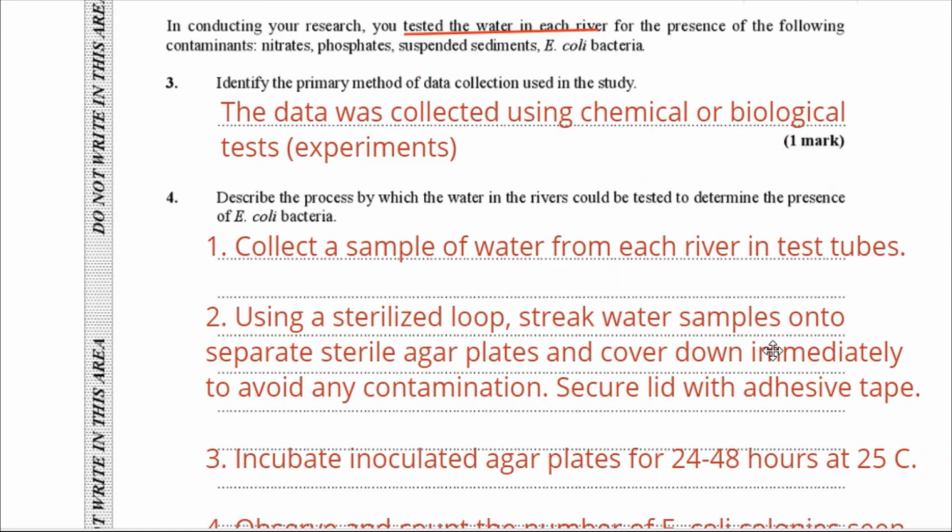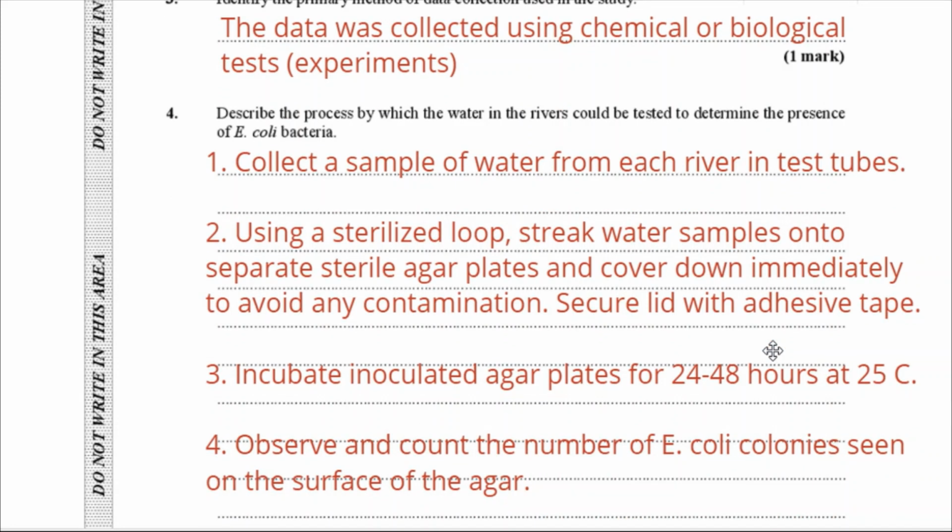So the next step now will be to incubate the inoculated agar plates for a period of about 24 to say 48 hours at 25 degrees Celsius. So this is the ideal temperature that if there's any bacteria present, they would thrive and they would reproduce. So the conditions would be good temperature for any bacterial growth.